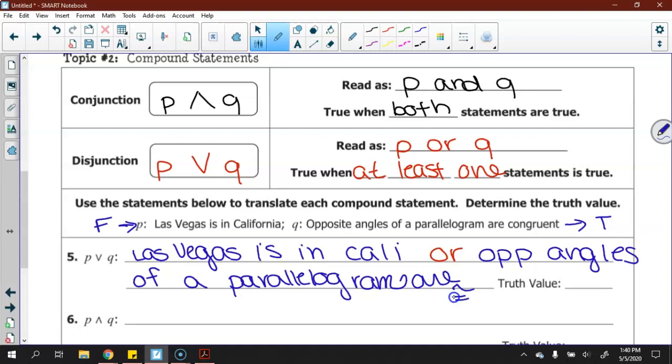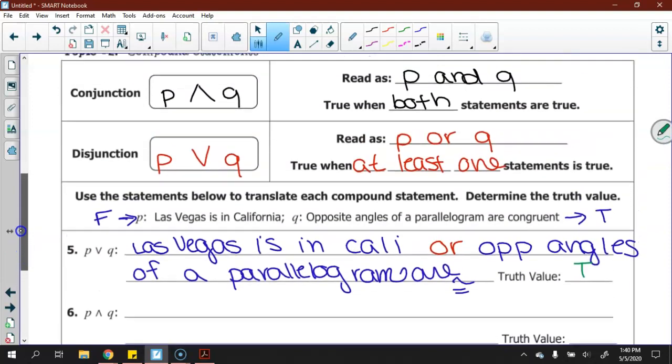All right, so this one is false or this one is true. All right, so because it says an or, as long as one of those statements is true, we would write a true down here. Okay.